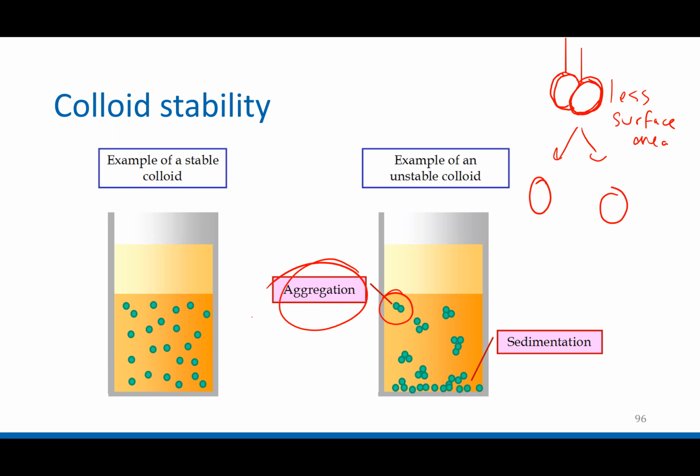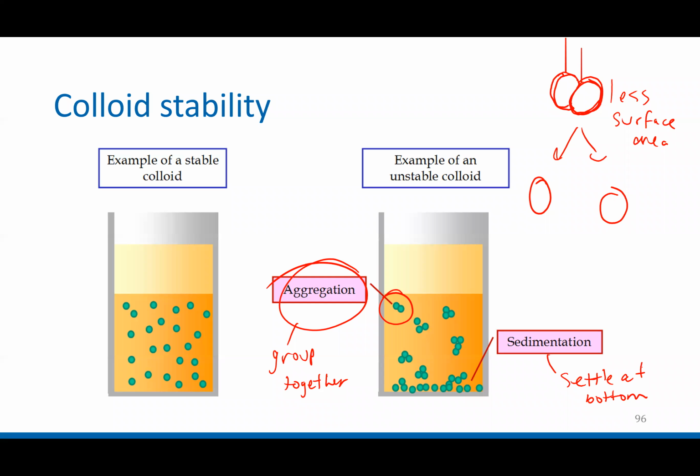The English definition of aggregation is the formation of things into a cluster. So aggregation is when these chemicals bond together to reduce surface area. Aggregation, they group together. Sedimentation is when they settle at the bottom.